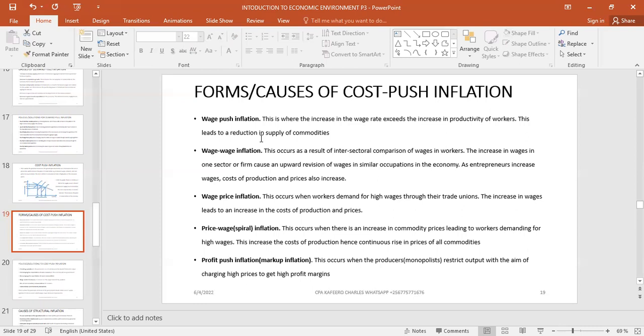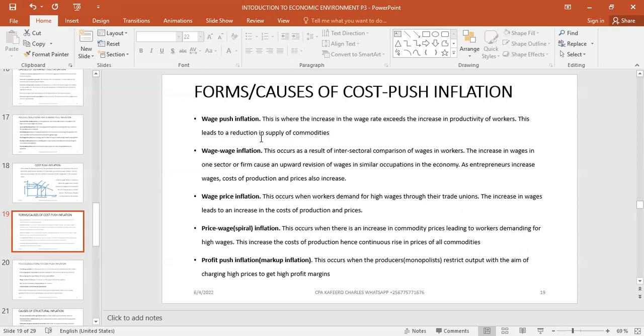They are in the same sector, so they compare the salaries they are getting. A marketing officer in Pepsi-Cola wants to have the same salary as the marketing officer in Coca-Cola. So if they compare their salaries and see that they are not the same, then they will demand a higher pay.